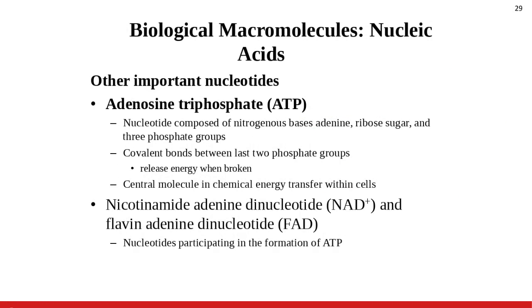Last but not least, I do need to mention this molecule here, ATP, adenosine triphosphate. And the important thing about adenosine triphosphate is that this molecule is the cell currency for energy, okay?